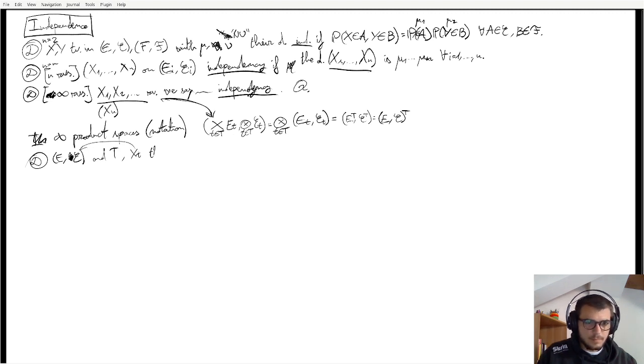Then the collection of all these random variables with t belonging to the index set is called a stochastic process.